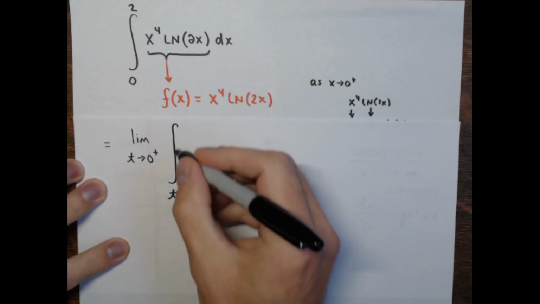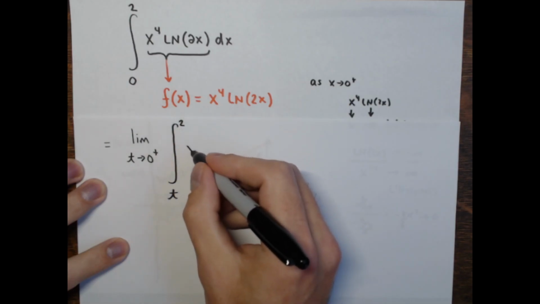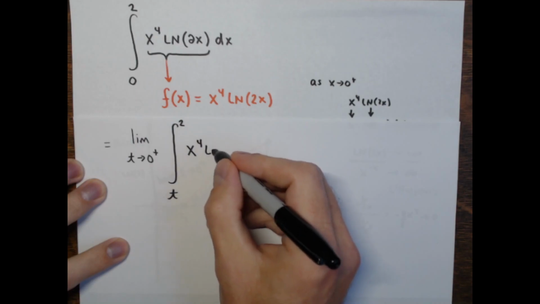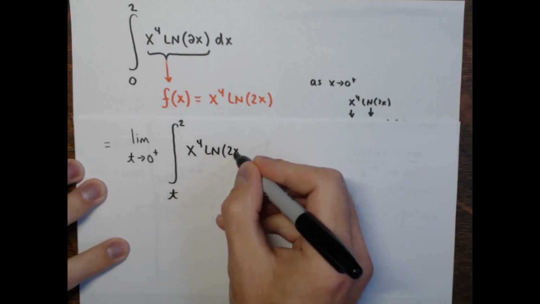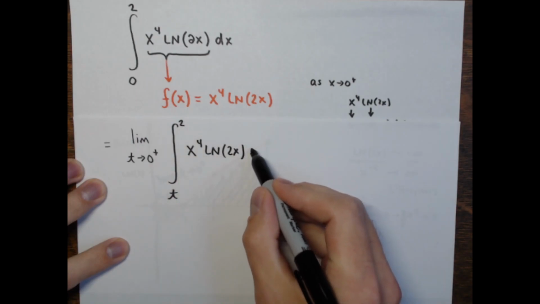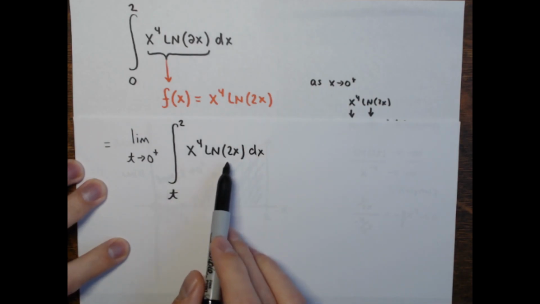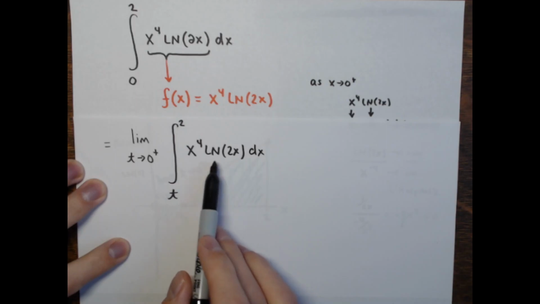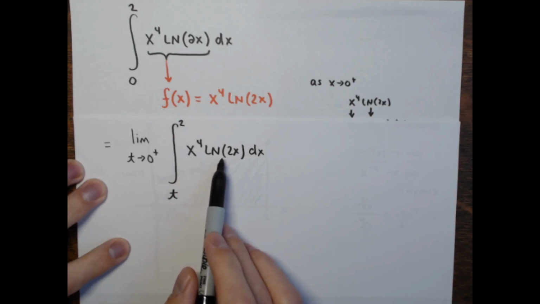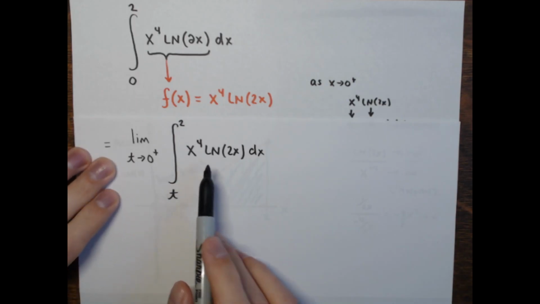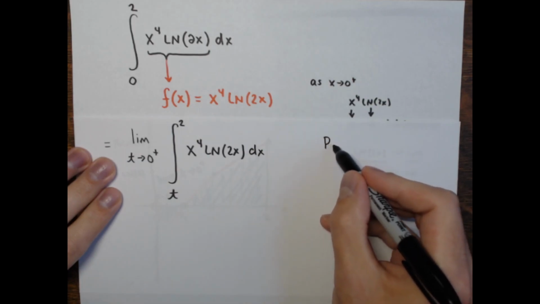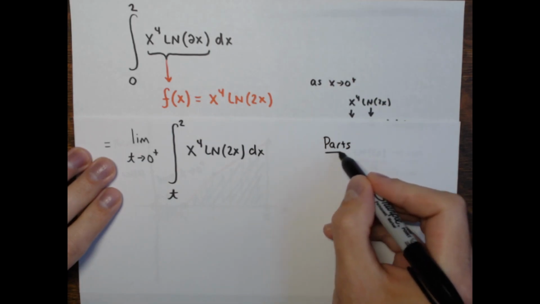For the integral from t to 2 of x to the fourth times the natural log of 2x. Okay, this is another one of those I would use integration by parts on. You got a polynomial times a log, two different kinds of functions being multiplied. Great candidate for integration by parts.